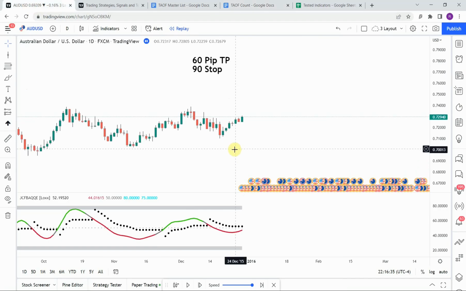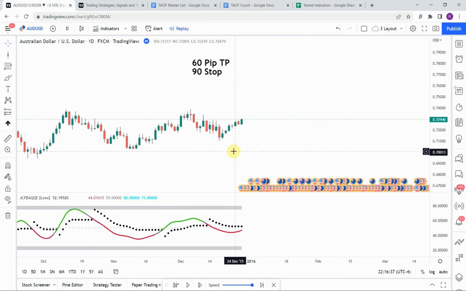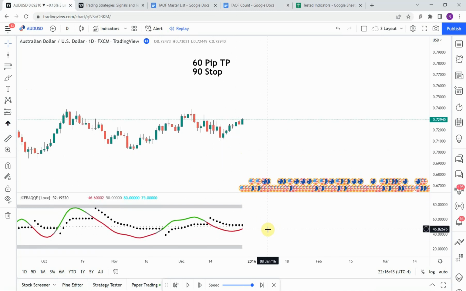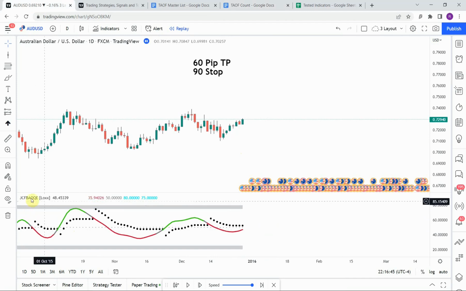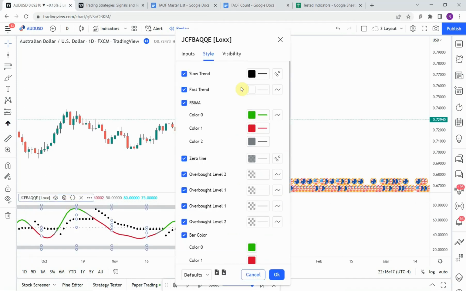Okay, so today's indicator is the Jurik CFB adaptive QQE indicator, and you can see it here on the bottom of the screen. I did make a few slight changes to it. So first thing I did was I changed the color of the slow trend dots, and so that's these black dots right here. They were in orange.